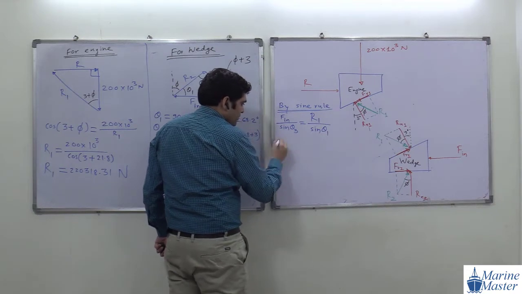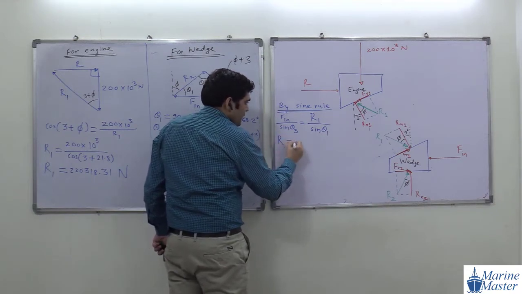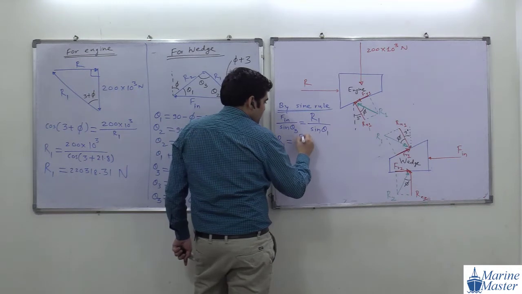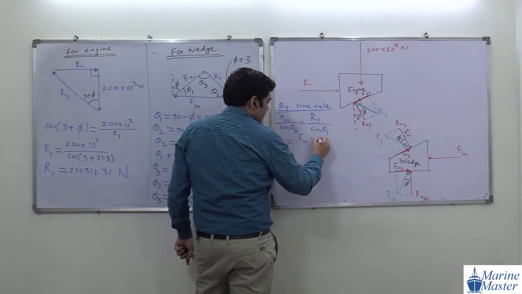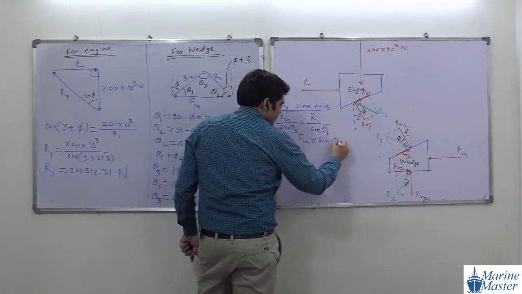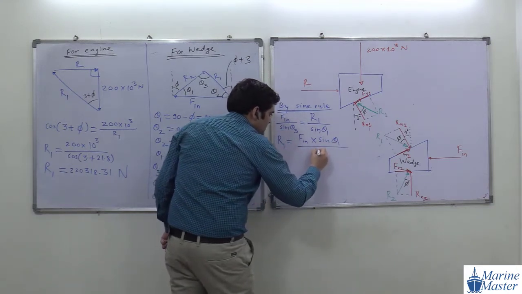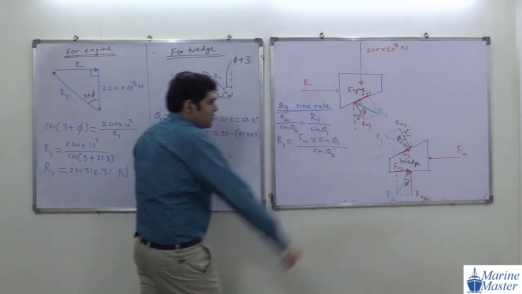So R1 will be equal to F in into sine of theta 1 divided by sine of theta 3. Check it once again, I may be wrong mathematically.